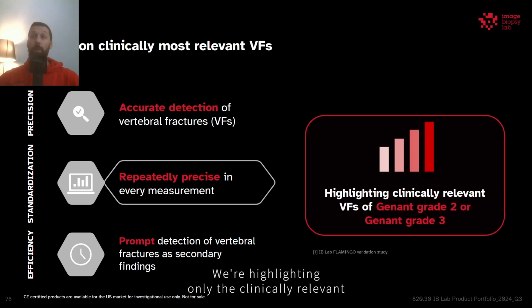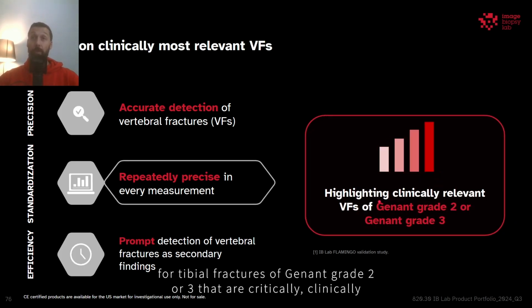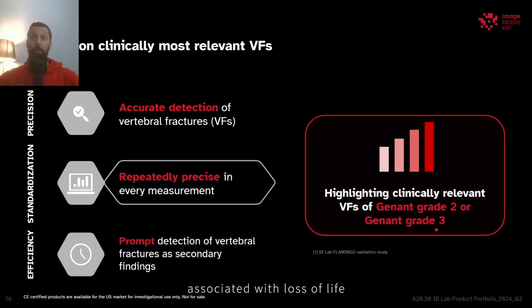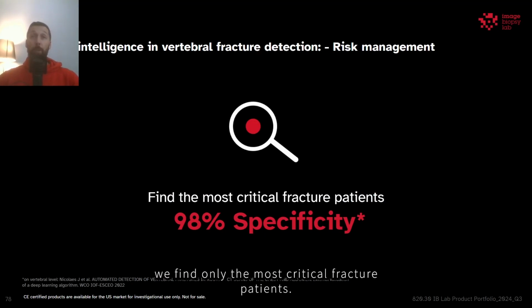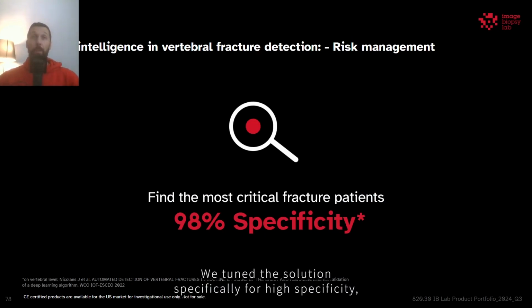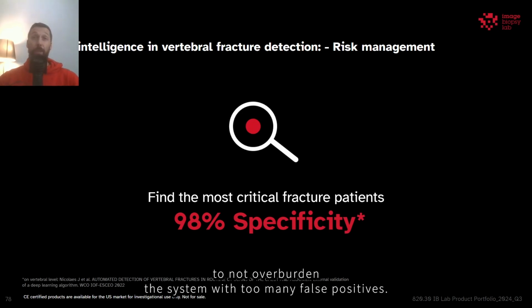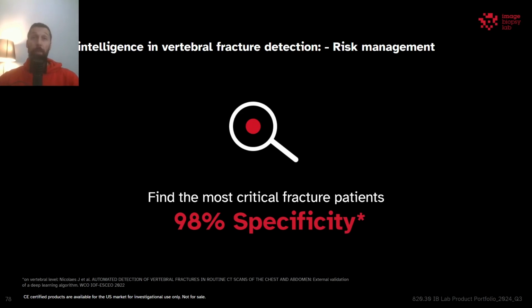We're highlighting only the clinically relevant vertebral fractures of Genant grade 2 or 3 that are critically clinically associated with loss of life, mortality, loss of quality of life, and so forth. And what's most important is we find only the most critical fracture patients. We tuned the solution specifically for high specificity to not overburden the system with too many false positives.